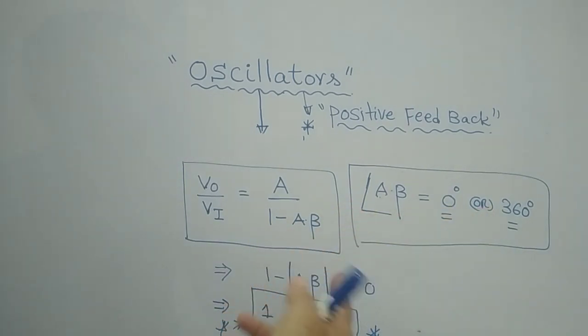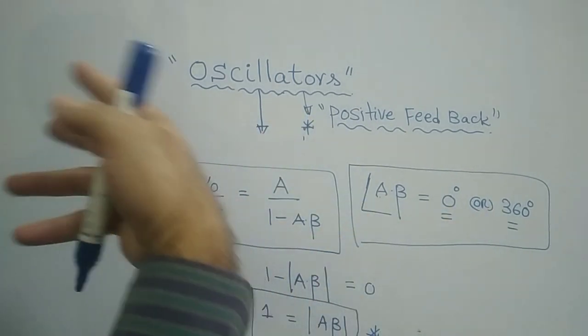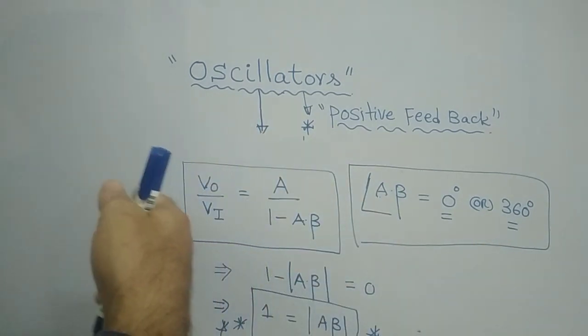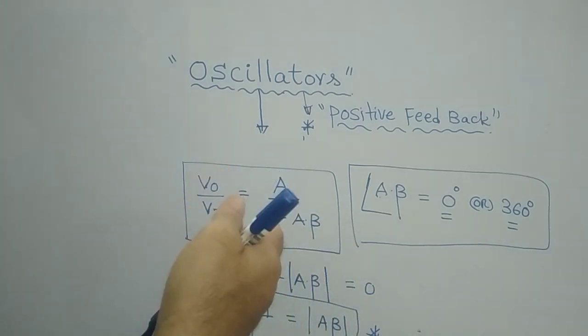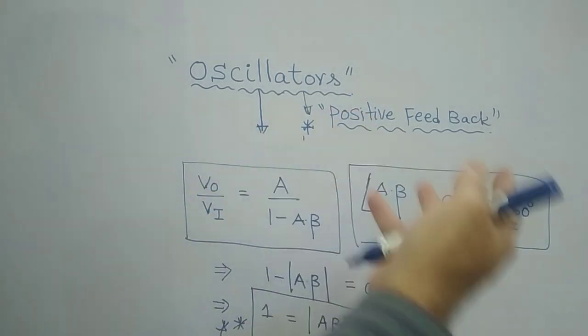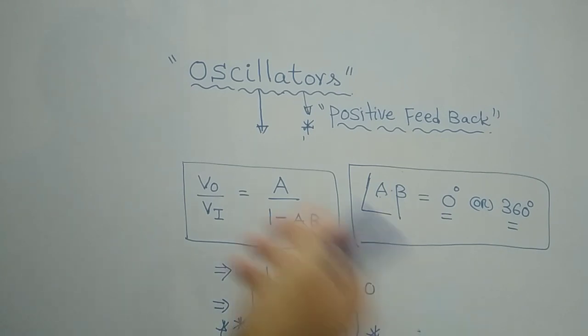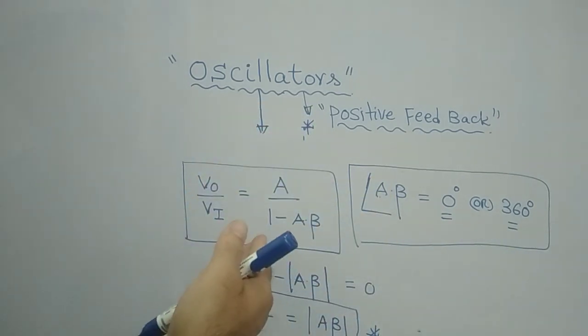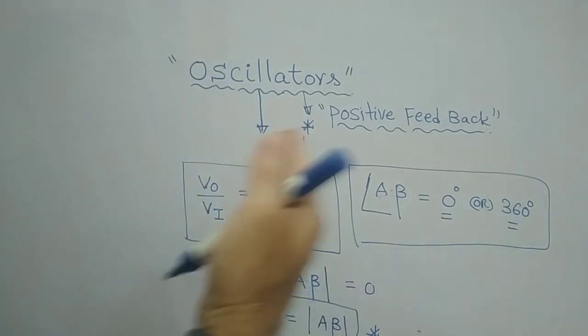So that amplifier circuit will definitely satisfy the Barkhausen criteria. That's why you will get the sustained oscillations at the output. Then that particular circuit can be called an oscillator circuit.